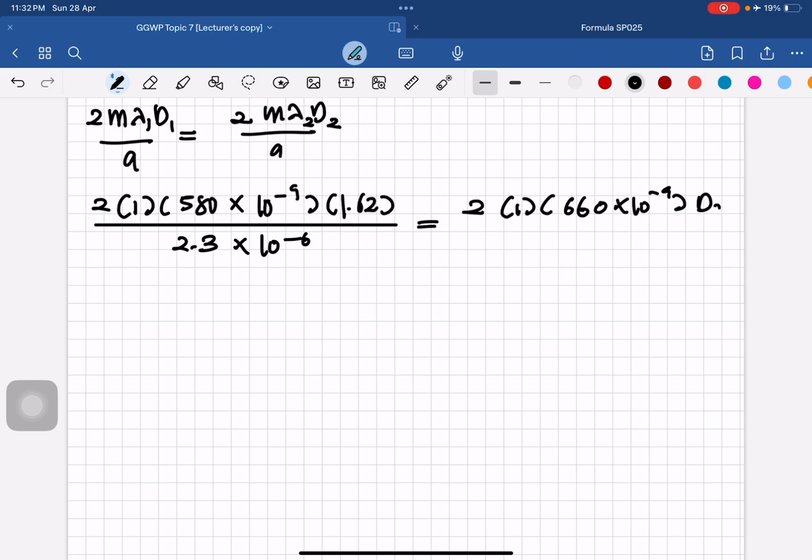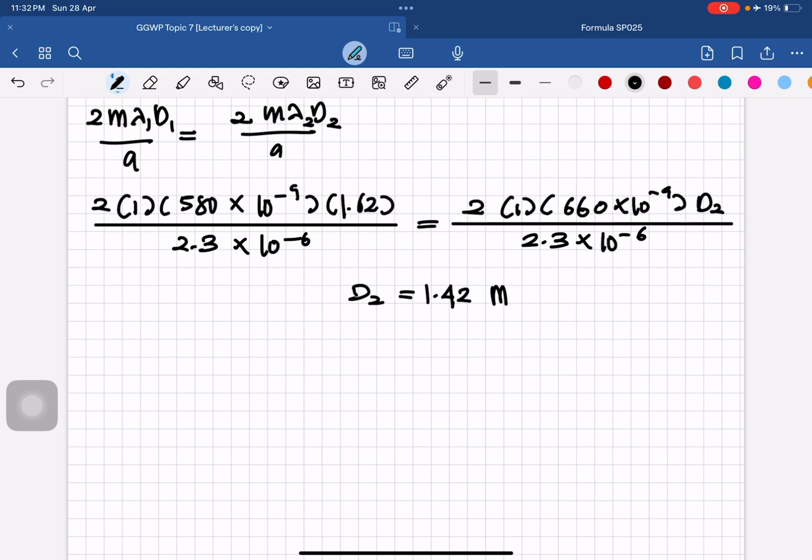Yang ini yang kita perlu carilah. Distance of the screen tu kena move berapa. Slit tu tiada perubahan. The width of the slit. So from here you should be able to get the answer to be equal to 1.42 meter.